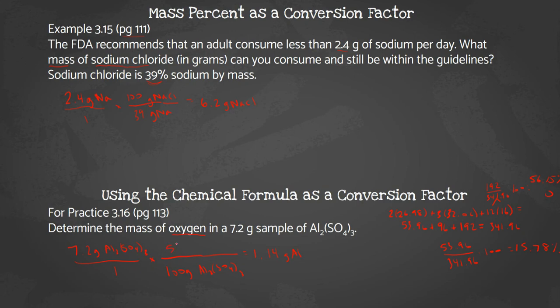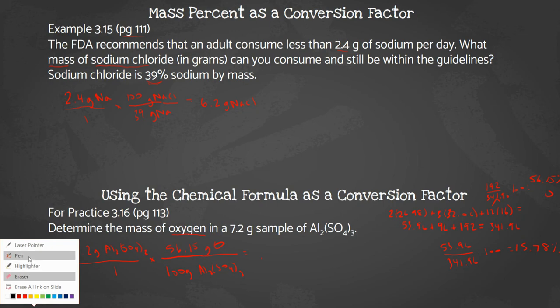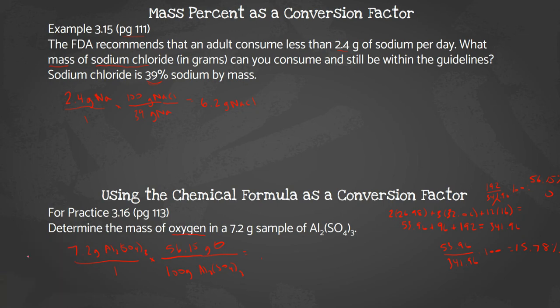So we have 56.15 grams of oxygen, and let's erase this and change that back. All right, so different problem, 7.2 times 56.15 divided by 100 is 4.04 grams of oxygen. So in a 7.2 gram sample, we have 4.04 grams of oxygen.